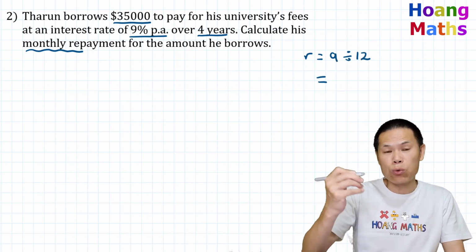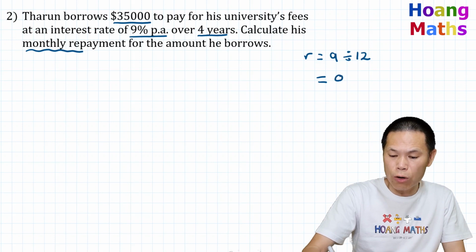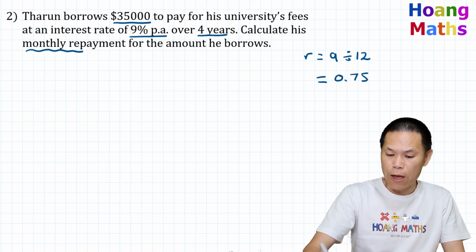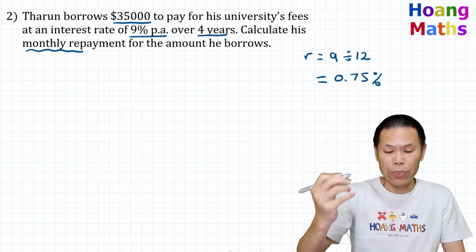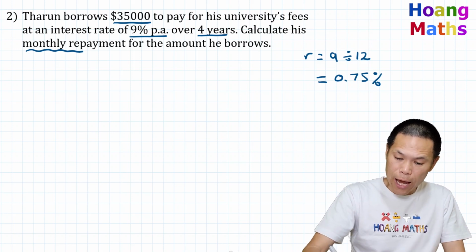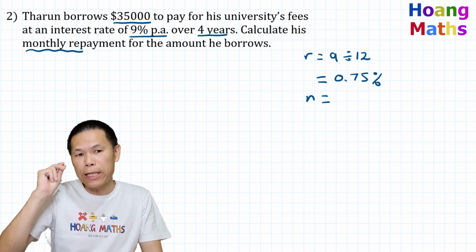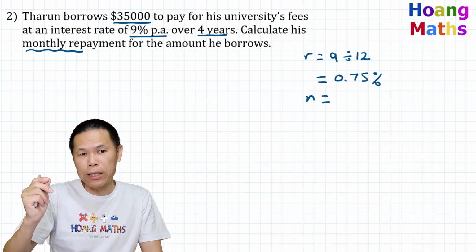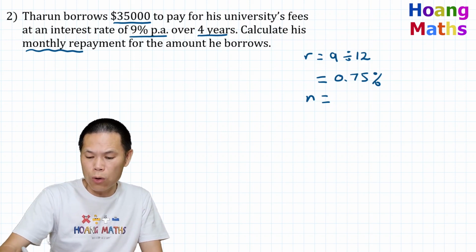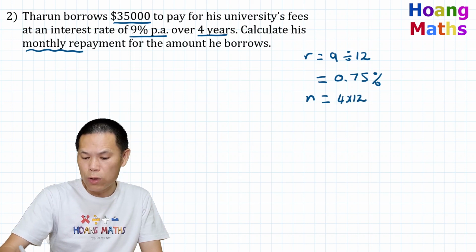So 9 divided by 12 is 3/4, so that means 0.75% per month, okay? And then n is the number of repayments. So 1 year he made 12 regular repayments. So 4 years, so 4 times 12. 4 times 12 is 48.